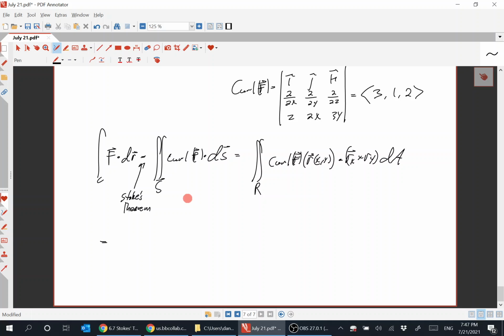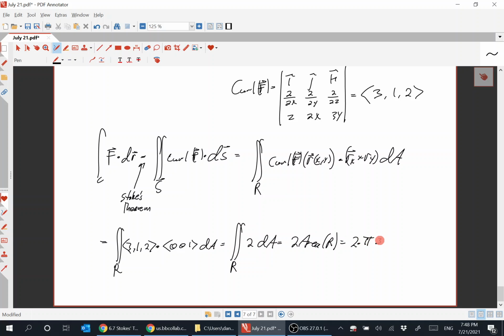This is just the constant vector 3, 1, 2. Rx cross Ry was just k. So it's the double integral over R of 2 dA, which is 2 times the area of R. The area of R is pi times r squared. So that's 2 times pi times 3 squared, which is 18 pi. Same answer.